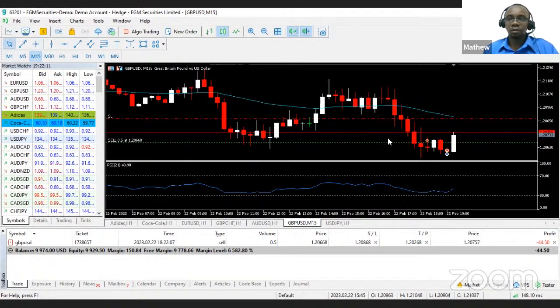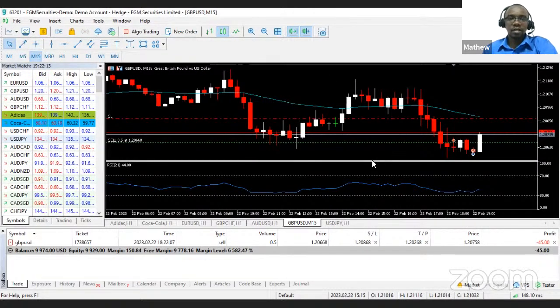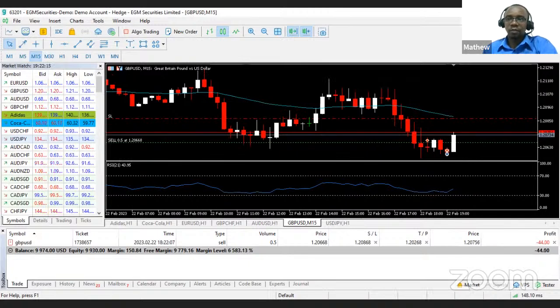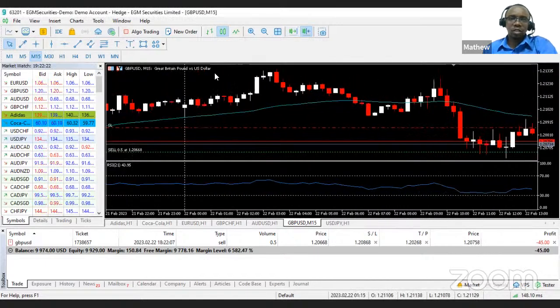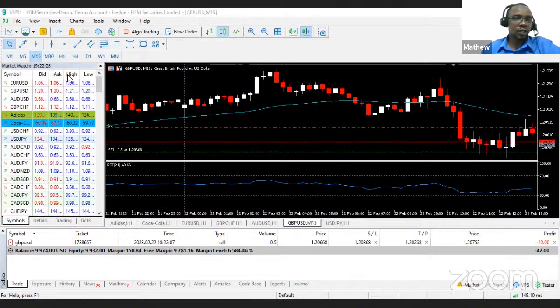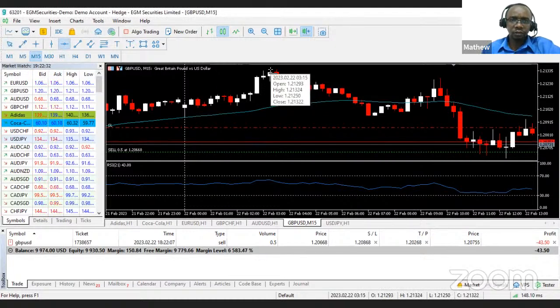So for example, let's have a look at today's highest point, right? The highest point GBP USD achieved today was this level, yeah? So we can use this horizontal line to mark out this area.